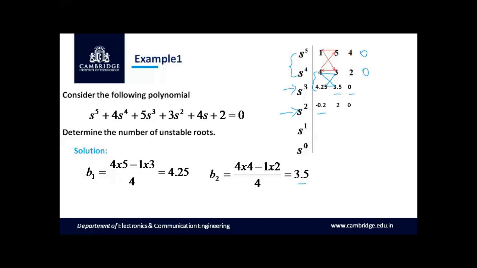Similarly, for fourth row second element, I can make use of the formula 4.25 into 2 minus 4 into 0 divided by 4.25. Hence, I get 2 here. Then for fourth row third element, it will be equal to 0.